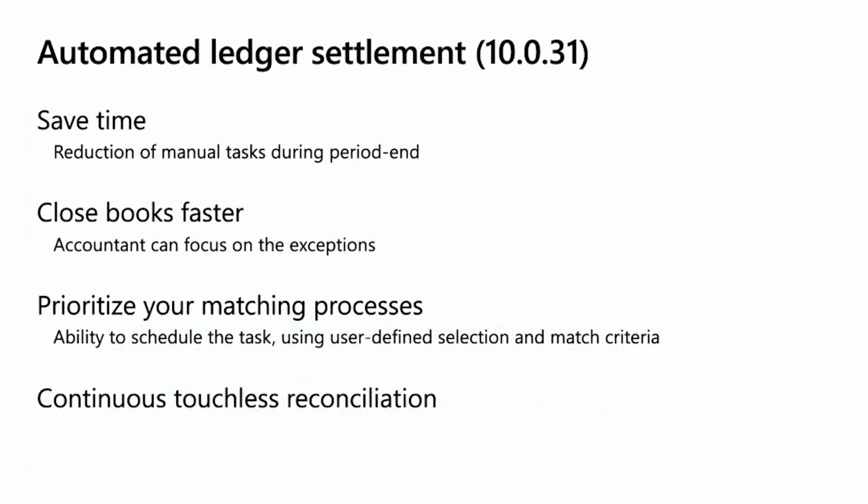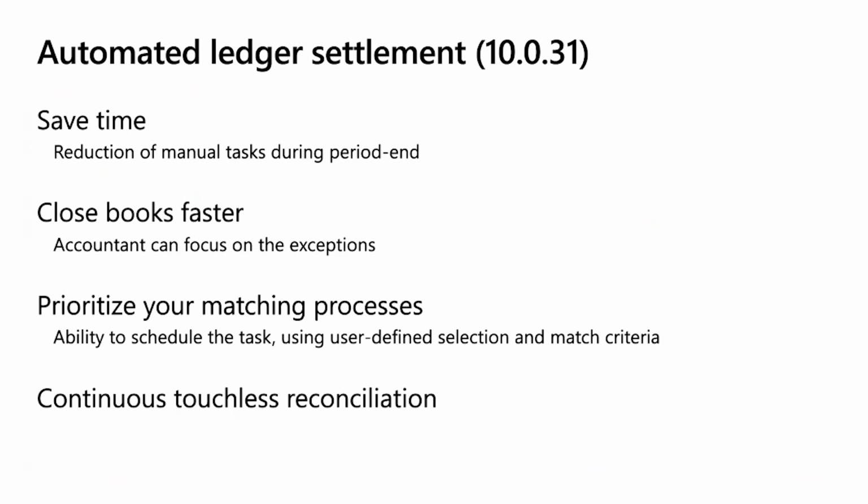So next we have another feature, and this feature will automate the ledger settlement process. If you think about the ledger settlement process today, it is manual. We've talked to customers that have very large volumes of data they have to parse through in order to match their debits and credits.